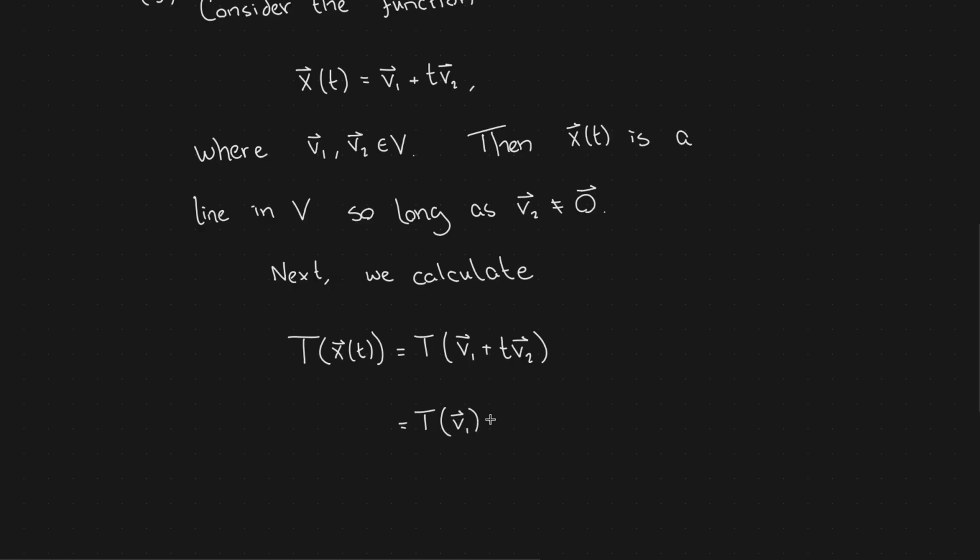T v1 plus my scalar t, which I'm going to pull out of the transformation, times T v2. Notice that T of x of t, in most cases, will be a line. A vector plus t times another vector. We have a point on the line. We have a direction vector. This is the general way we express a line. But now we are in vector space W.